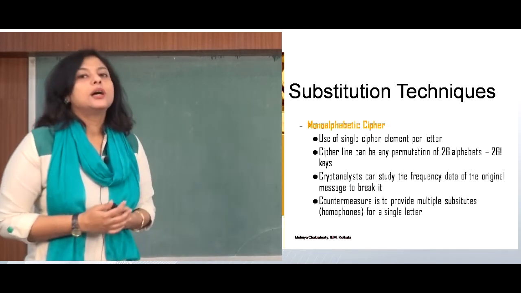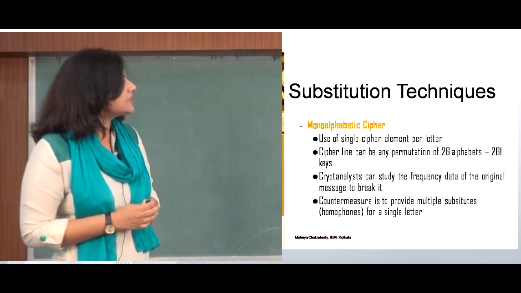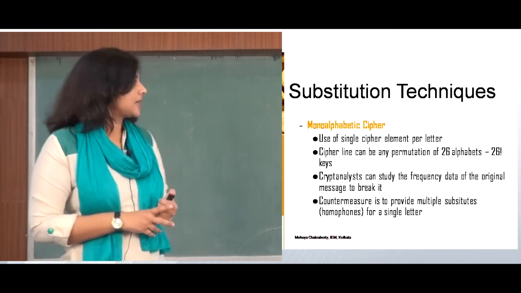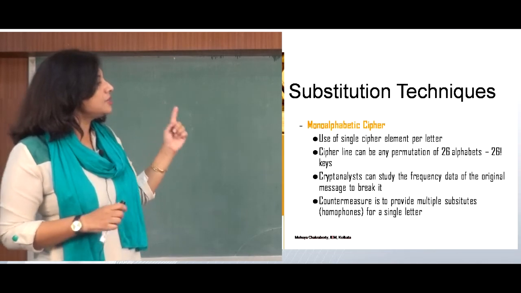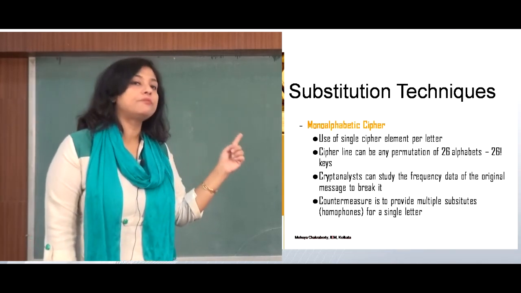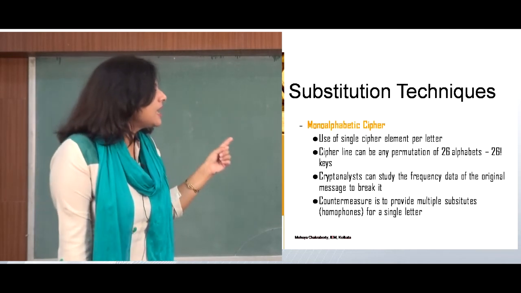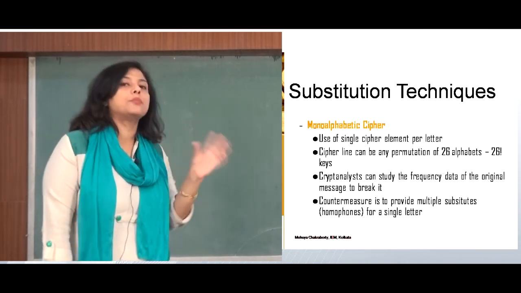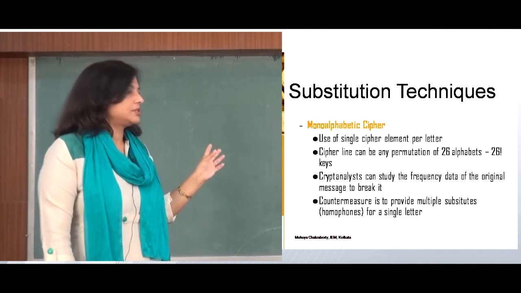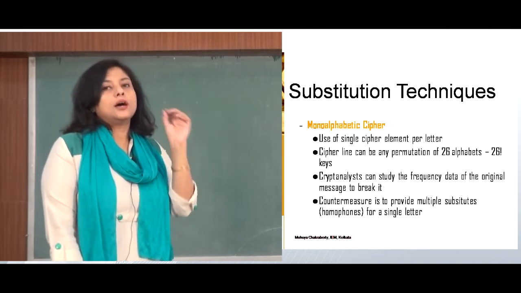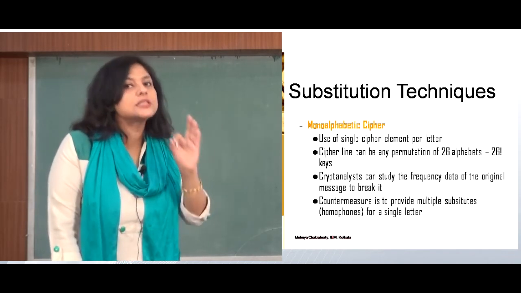Let us go to the substitution technique called the monoalphabetic cipher. Here we can use a single cipher element per letter, and the cipher line can be any permutation of the 26 alphabets. That is, we can use it in 26 factorial number of ways.